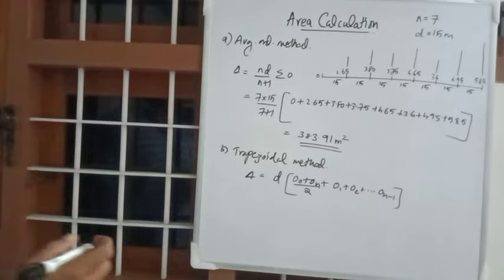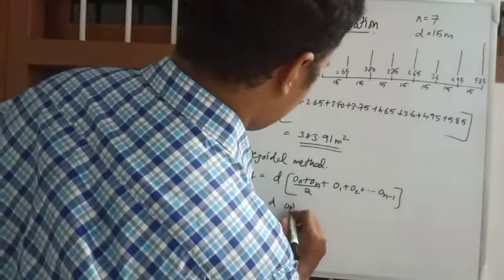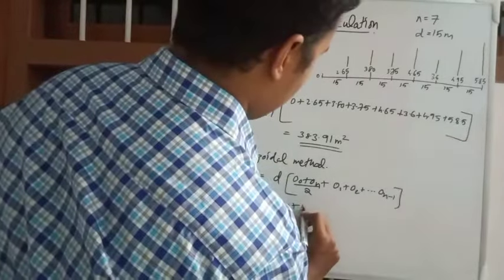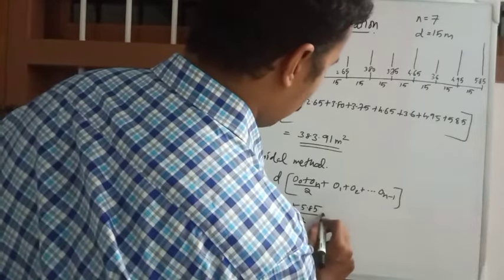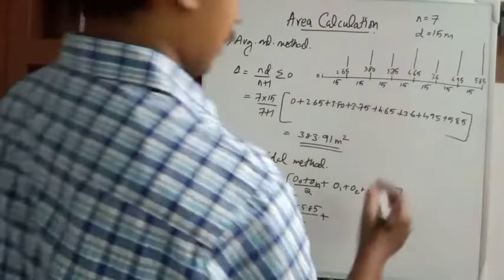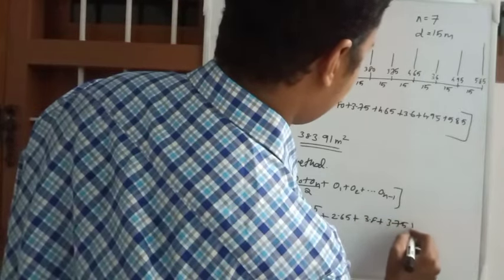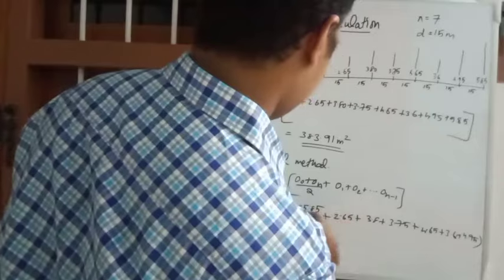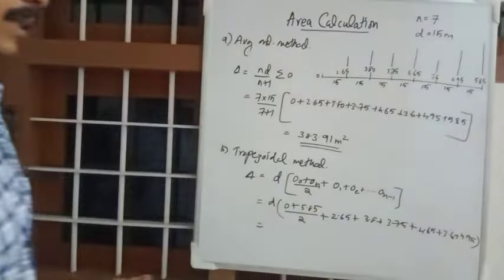The end ordinates are 0 and 5.85. So that is D into O0, which is 0, plus On, which is 5.85, divided by 2, plus the rest of the values: 2.65 plus 3.8 plus 3.75 plus 4.65 plus 3.6 plus 4.95, and D is 15.